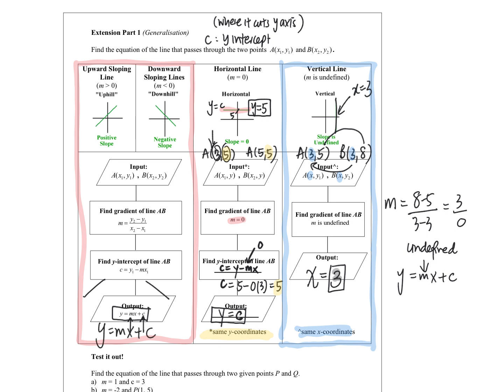Okay, when it's a horizontal line, the gradient becomes 0. It is just y equals to c. Okay, but when it's a vertical line, no gradient to sub in, it will be x equals to whatever the coordinate is. So there are 4 types of gradient you will see. Make sure you know all 4 types.